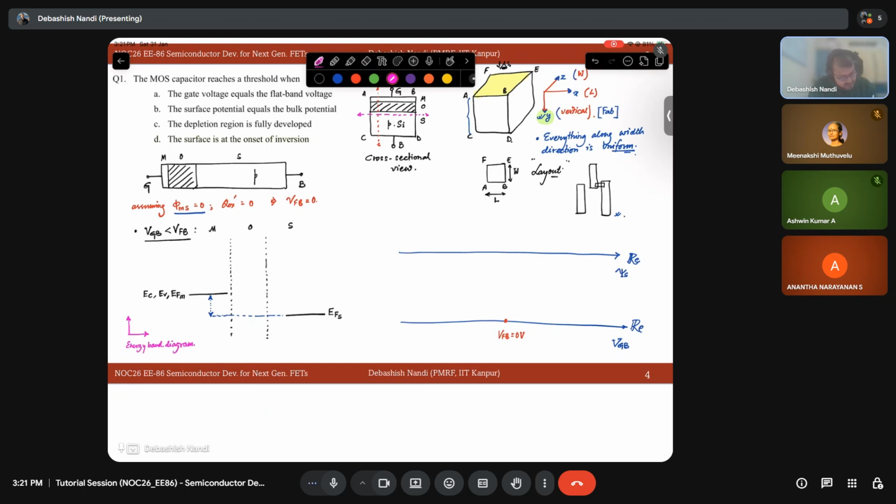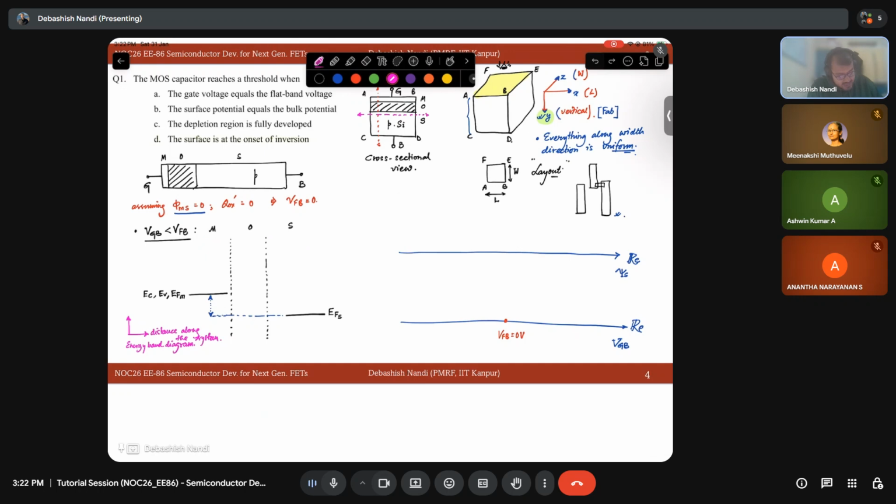X-axis is distance along the system, right? You can see that it is distance. I am going from metal to oxide to semiconductor. Fine.